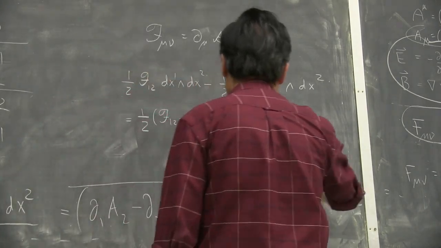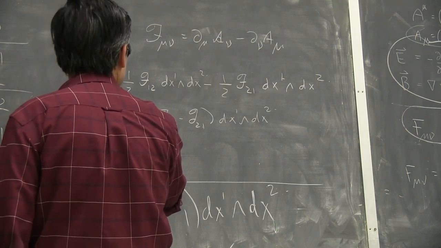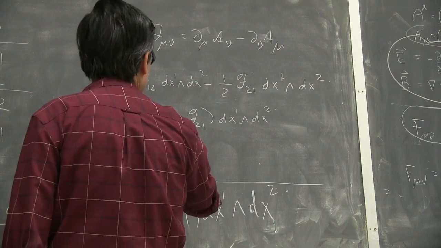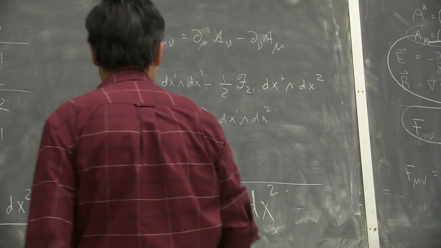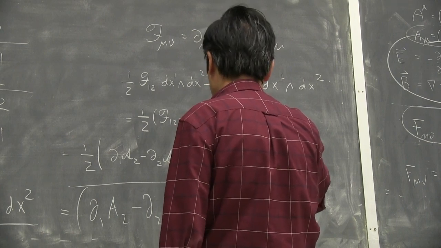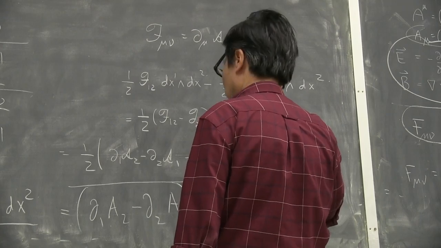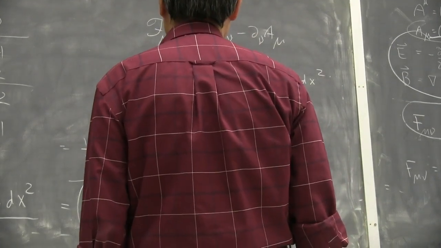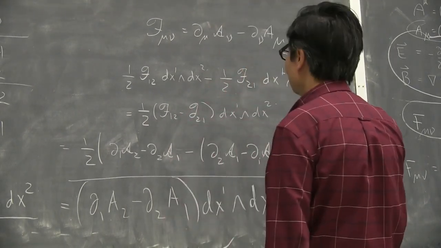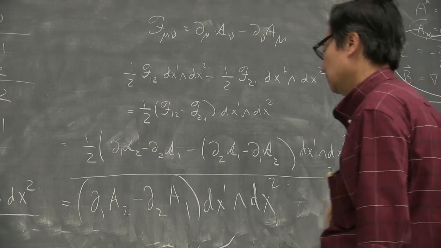So this is equal to 1/2 (d1 a2 minus d2 a1), that's for the first term, minus (d2 a1 minus d1 a2) dx1 dx2.